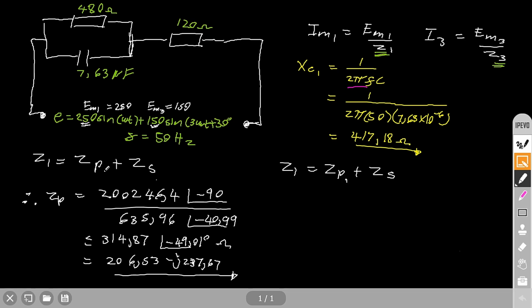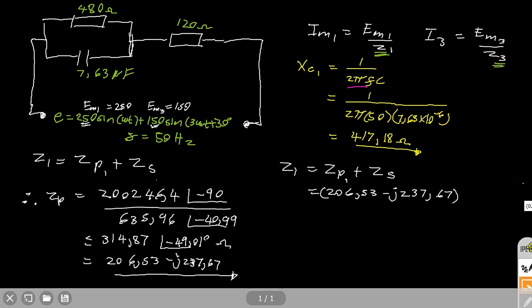Since it's addition, you have to write Z parallel in rectangular form. It's 206.53 minus j 237.67, right? This one is for Z parallel.